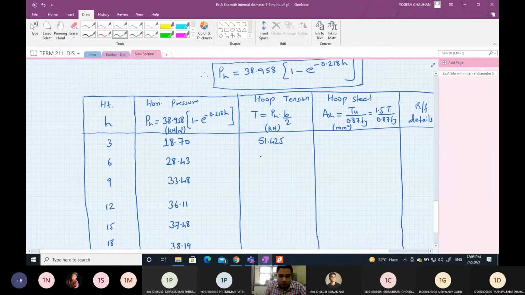Next is 78.183. Just verify these values at your end. 92.07, then 99.30, 103.03, and 105.02.